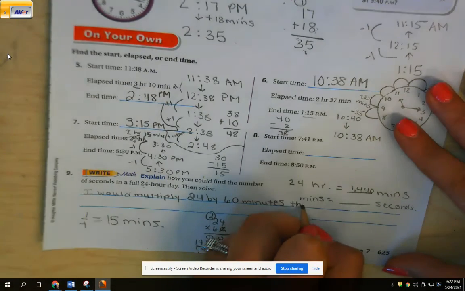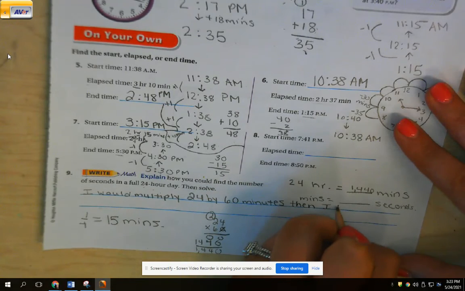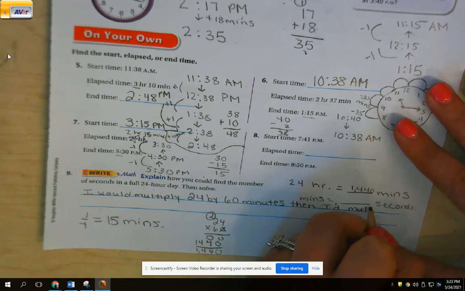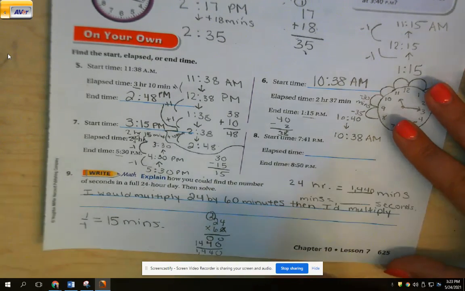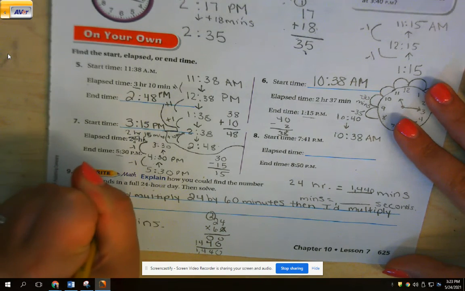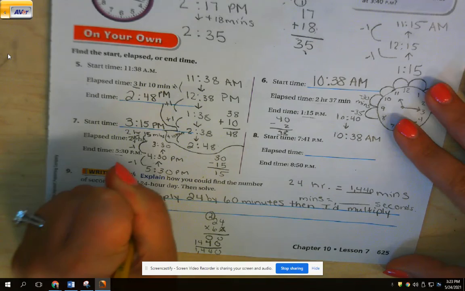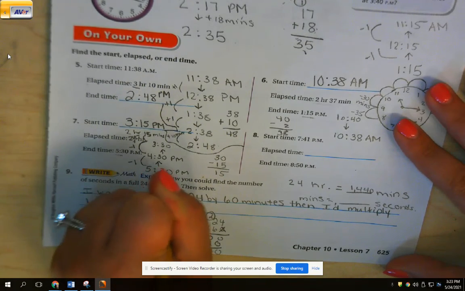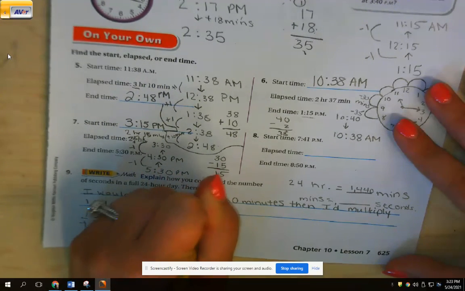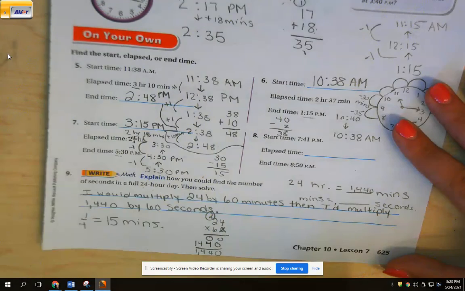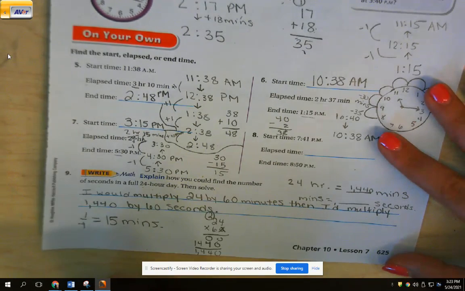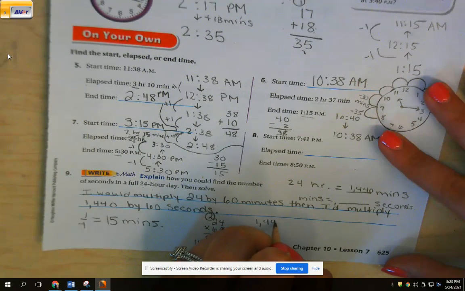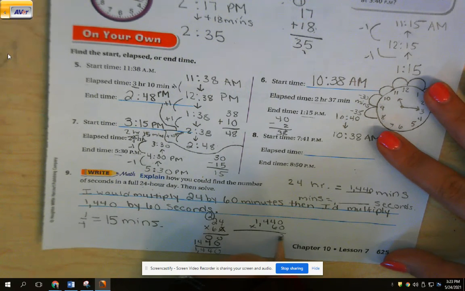So then I'd multiply 1,440 by 60 seconds. Let's see what we get. Times 60. Well, that first row is going to be all zeros because anything times 0 is 0.